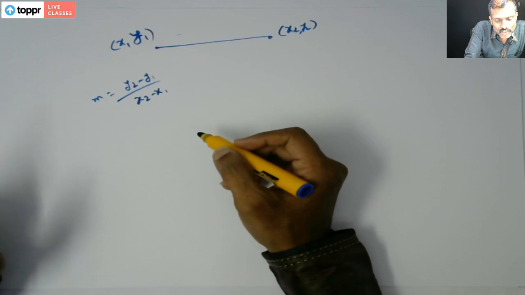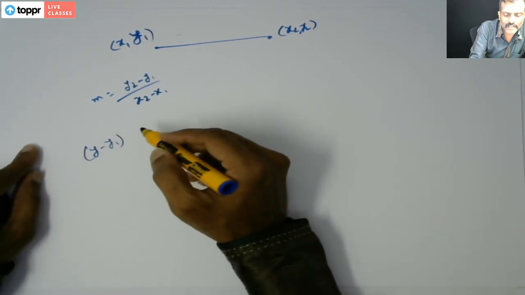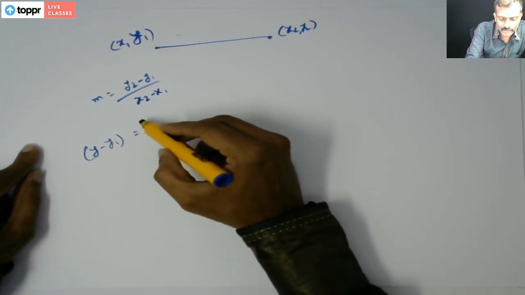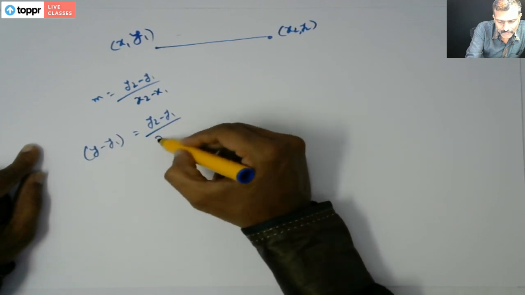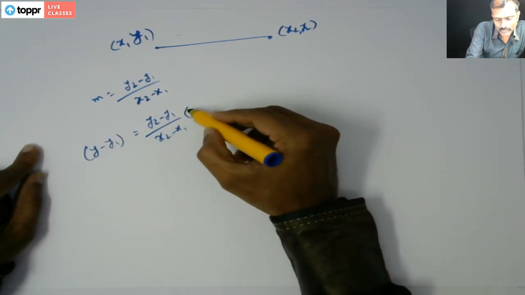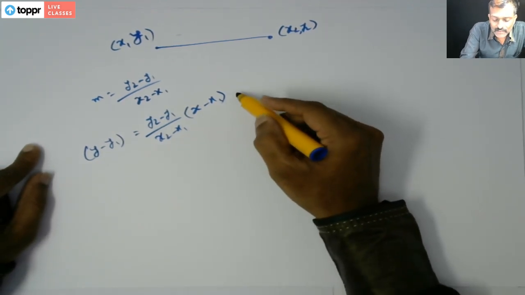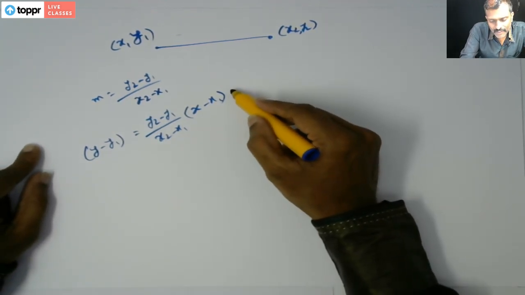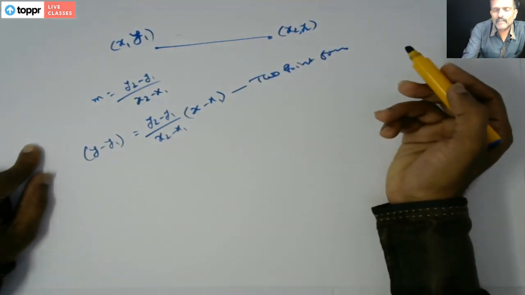Now the equation of this line is given by y minus y1 equals y2 minus y1 by x2 minus x1 times x minus x1. This is called the 2-point form of the straight line.